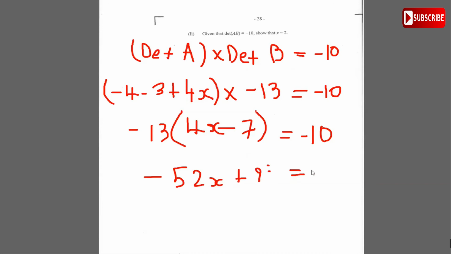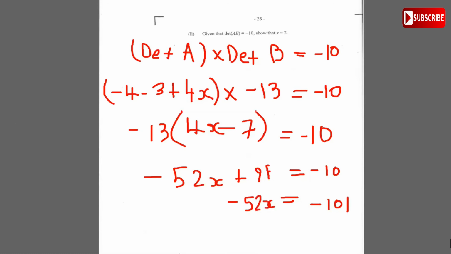And that's equal to negative 10. I bring over the 91 by subtracting 91 from both sides, and I get minus 10 minus 91, that's minus 101. And that's giving me minus 52x. I divide through by 2, I'm getting 1 point something.